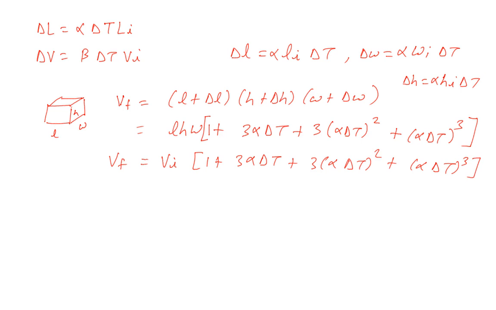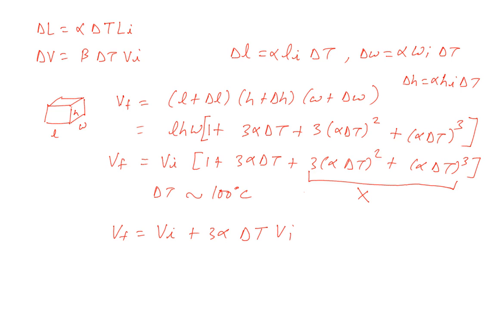Well, in real life, we find that alpha is actually a very small number. So alpha delta T is also a very small number, for, let's say, delta T of the order of 100 degrees centigrade. In that case, we can simply ignore the higher order terms because they are very small compared to the first two, and simply write Vf equals Vi plus 3 alpha delta T Vi.